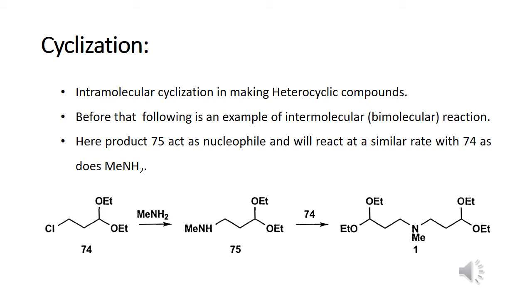In this reaction, product 75 acts as a nucleophile and reacts at a similar rate with 74 as it does with methylamine. So compound 75 will treat 74 in a similar way and give this dimer. This is a perfect example of a bimolecular reaction.